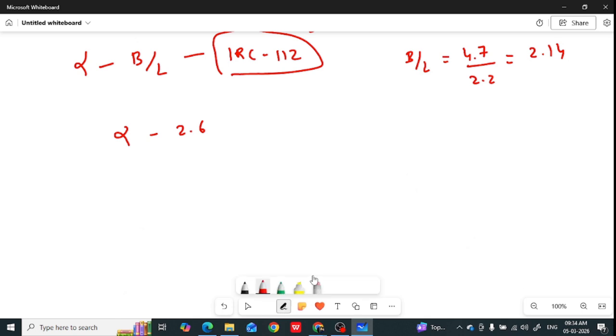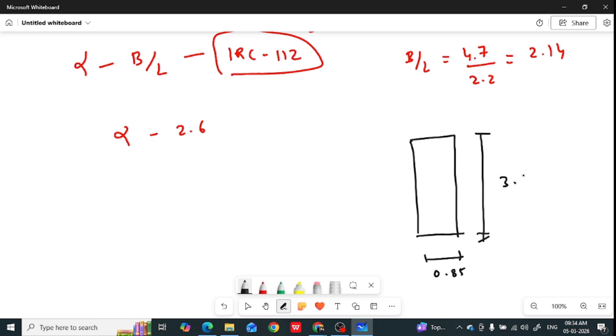See, this is the track that you have. The width of the track is 0.85 and the length of the track is 3.6. So what is B1? B1 is nothing but dispersion. This span you are considering as the lateral span in the calculation of the shear.